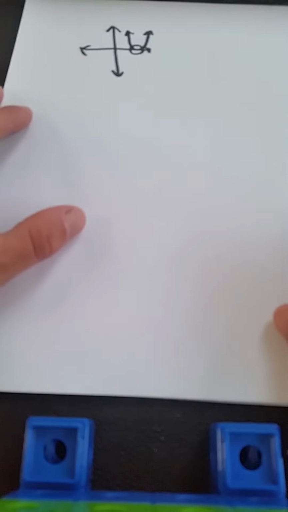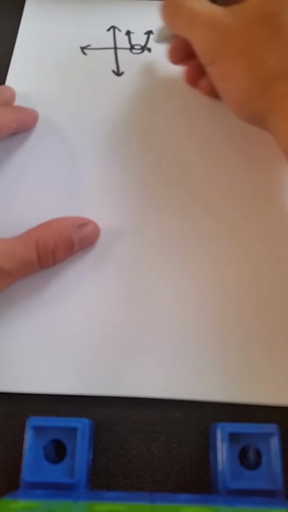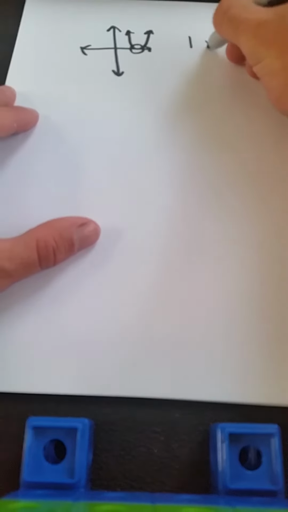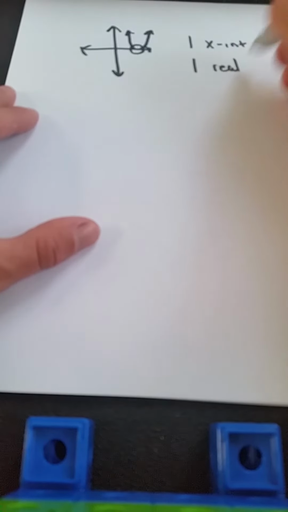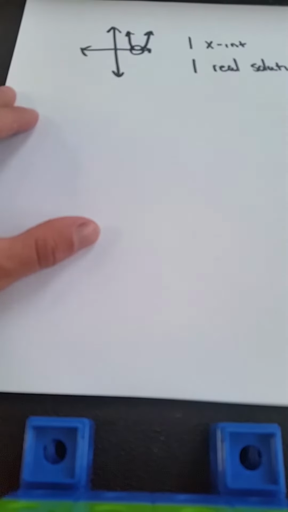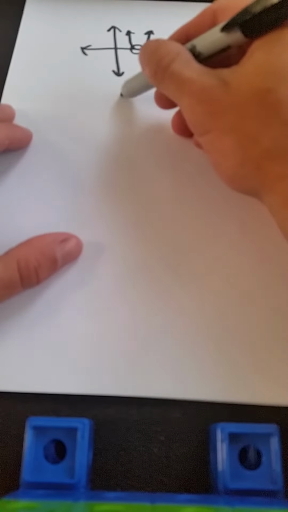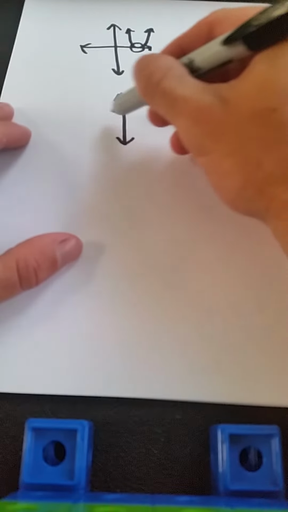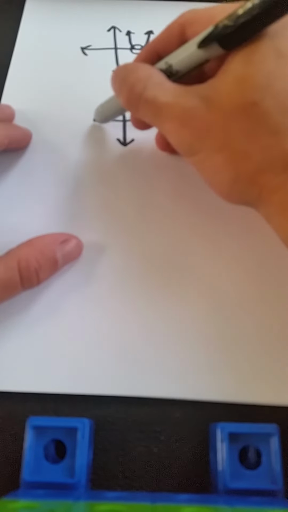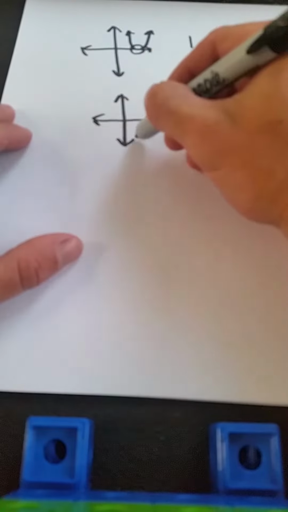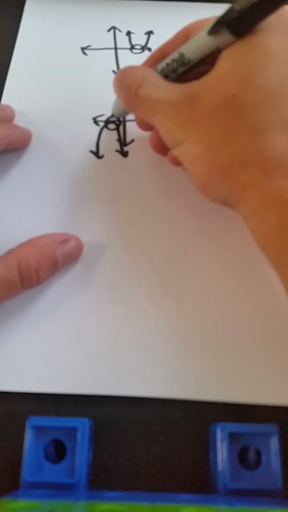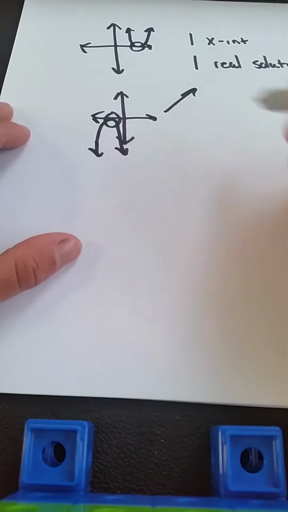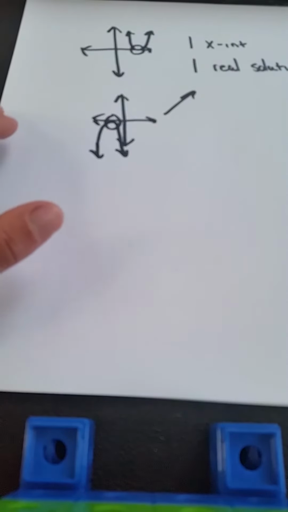That one location is the place that we have a 0, so it's one x-intercept, and since it has one x-intercept, it is one real solution. And then, of course, if I turn the graph upside down, maybe we stick it over here this time, same deal. One x-intercept, one real solution.